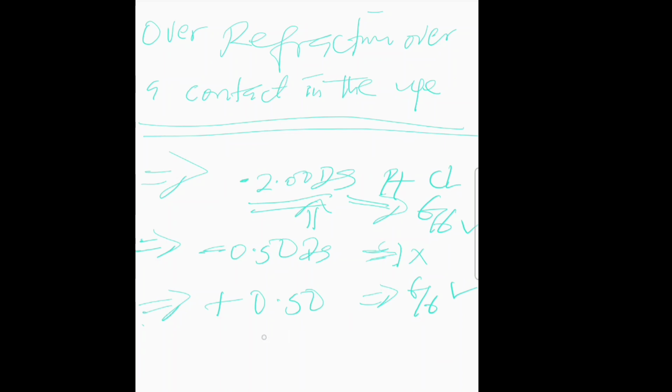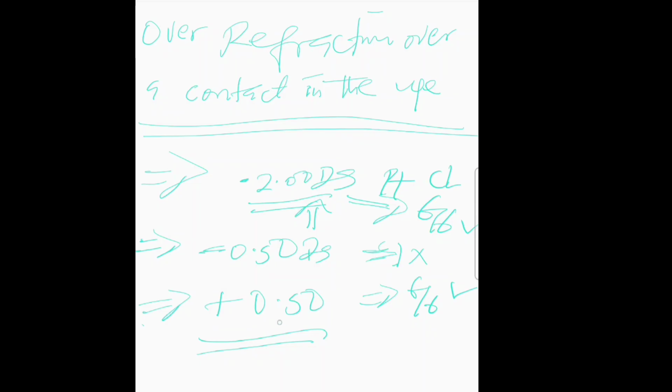So the patient says that he prefers this plus 0.50 over the trial frame. The patient is using minus 2.00 DS as contact lens on the eye, but when you add this plus 0.50, the patient sees better.